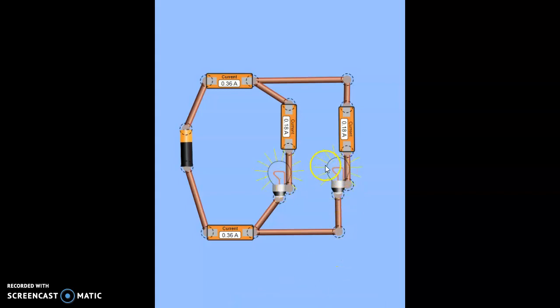Since both of these have the same resistance, we do have the same amount of charge flowing through both of them, and it is half of the amount of charge that's moving through our trunk wire. Again, since the long bulbs have a higher resistance than the round bulbs, I know that these still look round, but the resistance is higher. These are our long bulbs. Since that resistance is higher, our total amount of charge flow is less, even if the battery is the same.